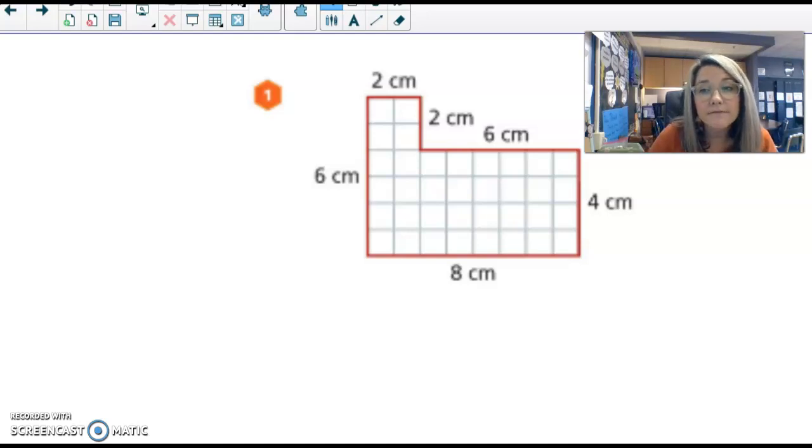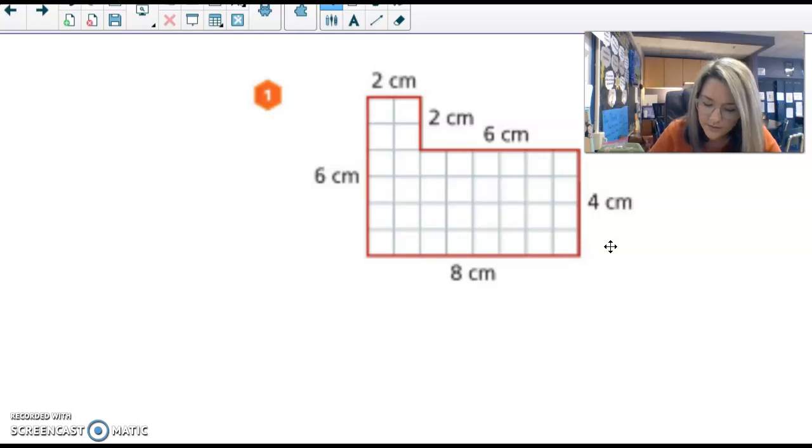So we know by finding the area of rectangles, we could just count the square units or square centimeters inside the shape. Okay, so we could do that. But as we progress in our learning, we're going to be finding areas of bigger and probably different kinds of shapes. So that may not be the most efficient way of finding the area.